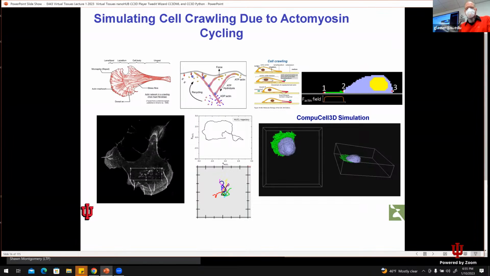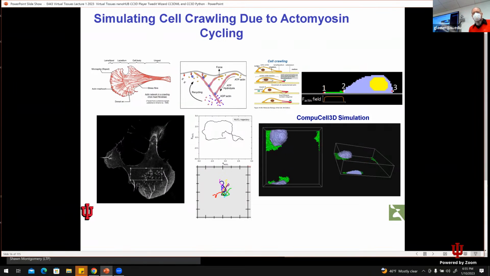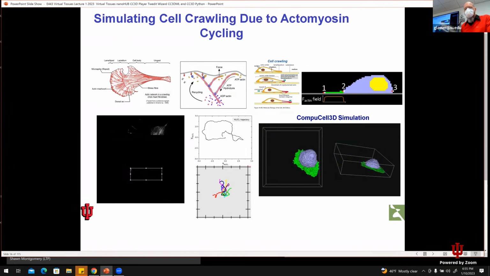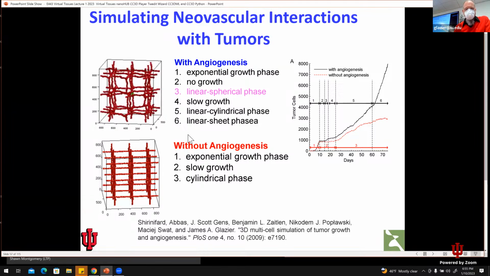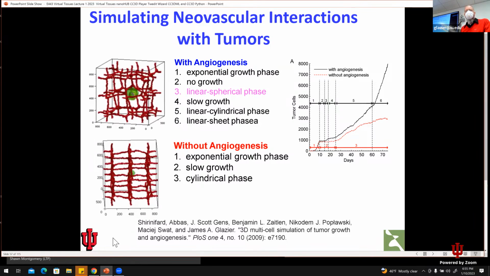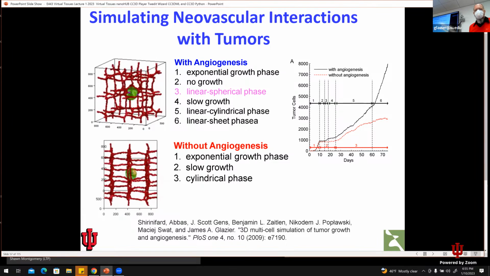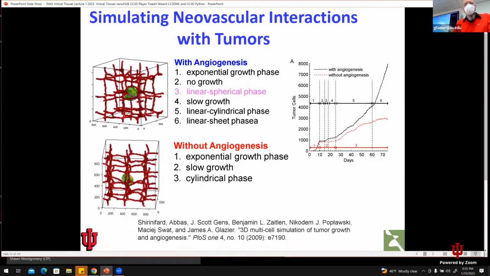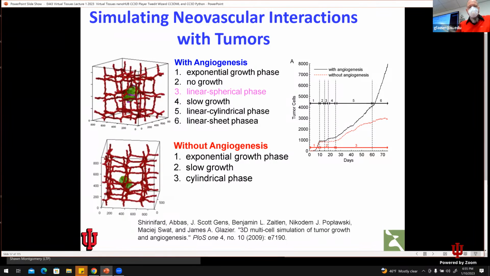And over the years, there have been a lot of different things that have been done. These are simulations of a single cell crawling, generating a leading edge and crawling on a substrate. These are old simulations of a tumor growing and interacting with blood vessels. In this case, the tumor is absorbing nutrients from its environment.